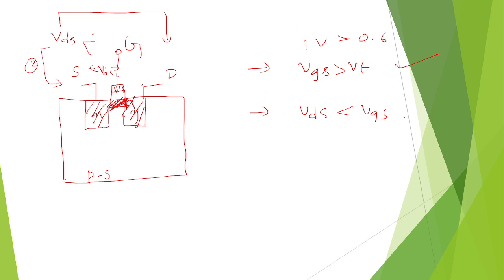VGS is sufficient but VDS is insufficient. That's why this region is called the ohmic or resistive region. The transistor may be active, but there is no sufficient VDS, hence current will not flow.